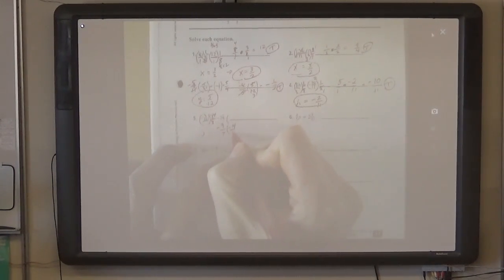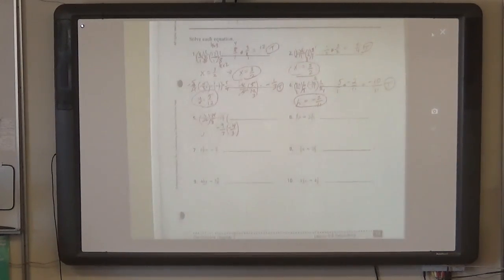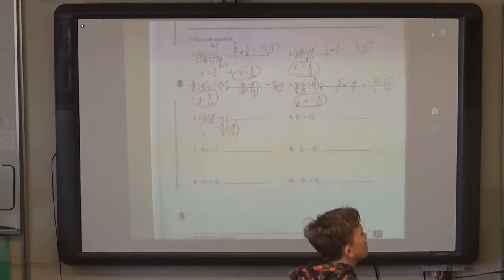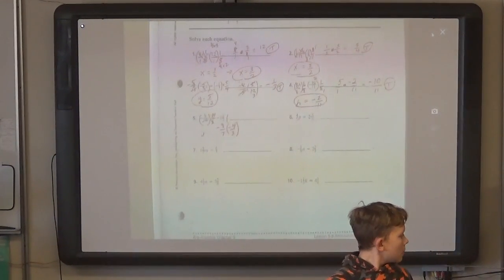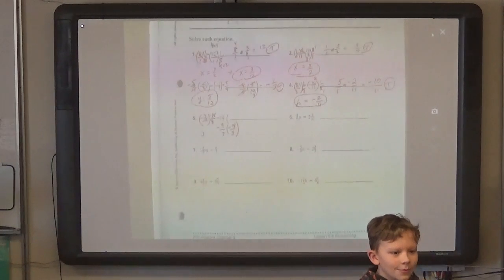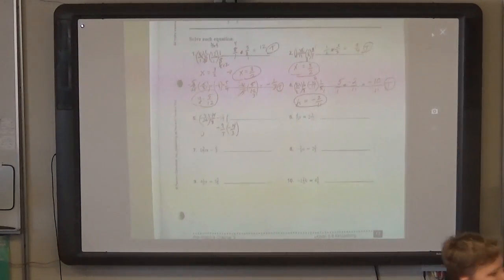The first step when we're solving these is to make all the numbers fractions. So if it's a mixed number, you have to make it a fraction.